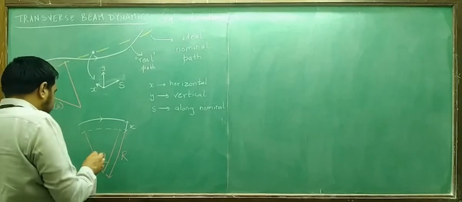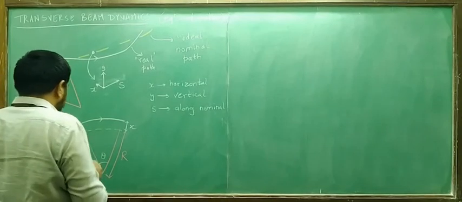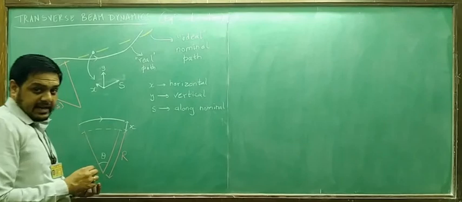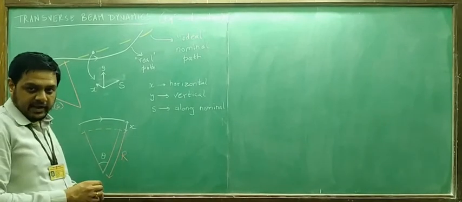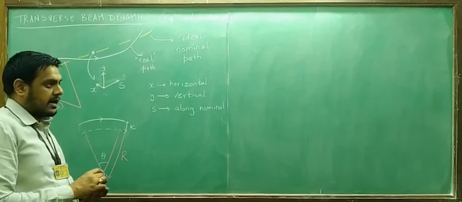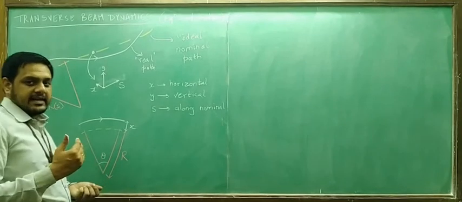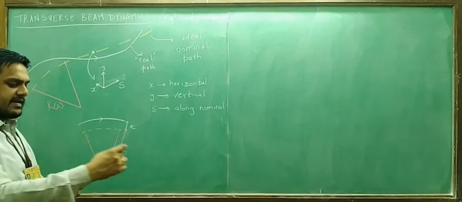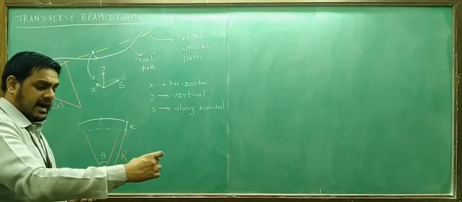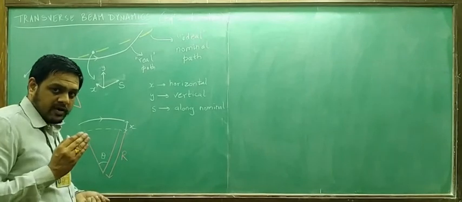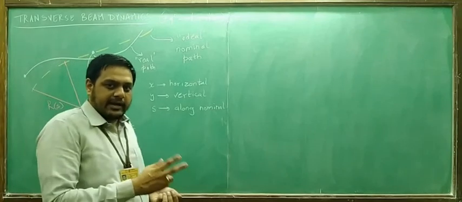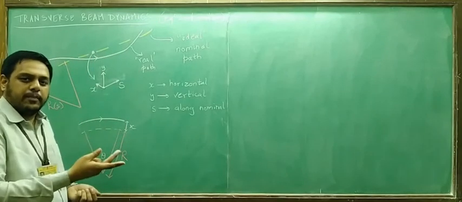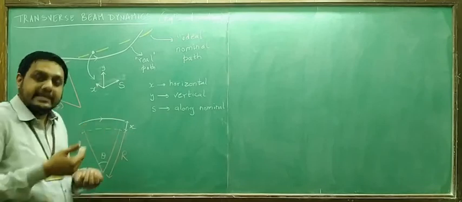And of course, the accelerator is also designed in such a way that the particle should be moving at a certain velocity. I mean, the idea is that if the accelerator is constructed in such a way that there is, let us say, an RF cavity which is going to further accelerate the particle, you know that it has to reach there at a particular time, otherwise the RF phase will be opposite and instead of accelerating it will decelerate.